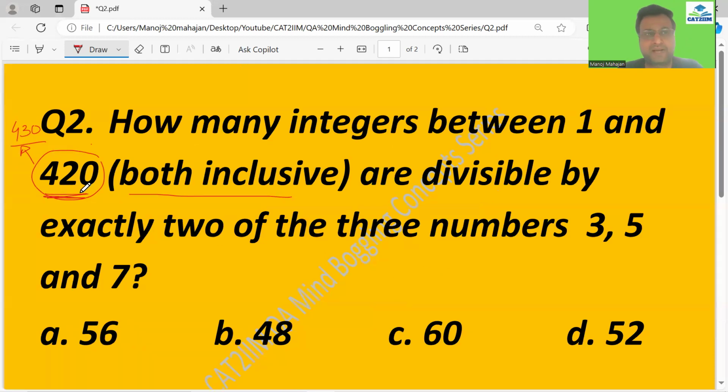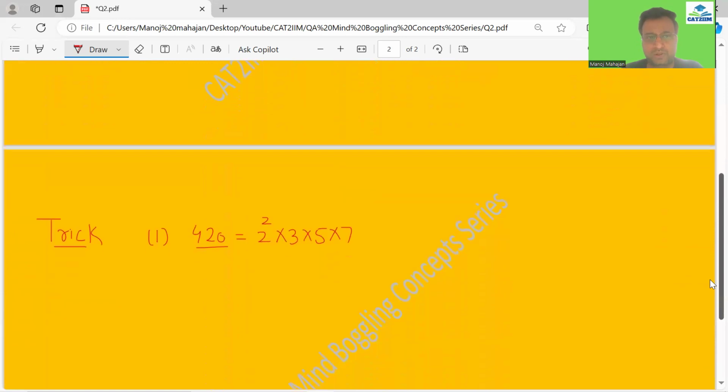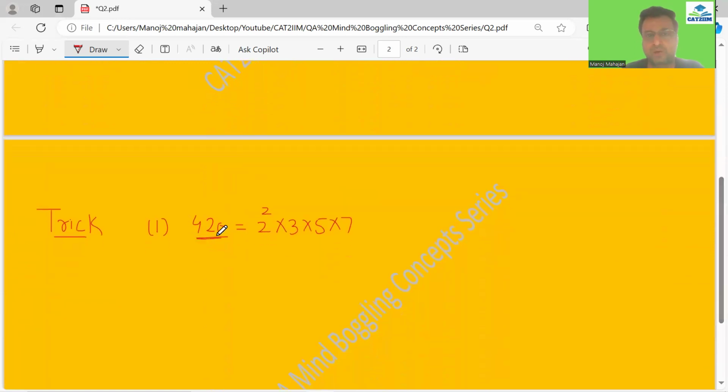And for the remaining range from 420 to 430, we could have done manually, right? So one thing is very sure that if you want to be very fast with this trick, the number which I'm using here should be a multiple of the numbers which are given in the problem. So that is constraint 1 to be faster. Of course, you can apply for other numbers also, as I've given you one example of 430.